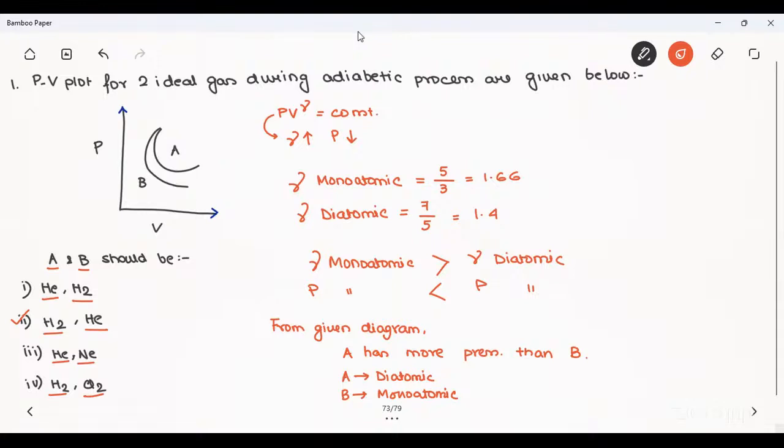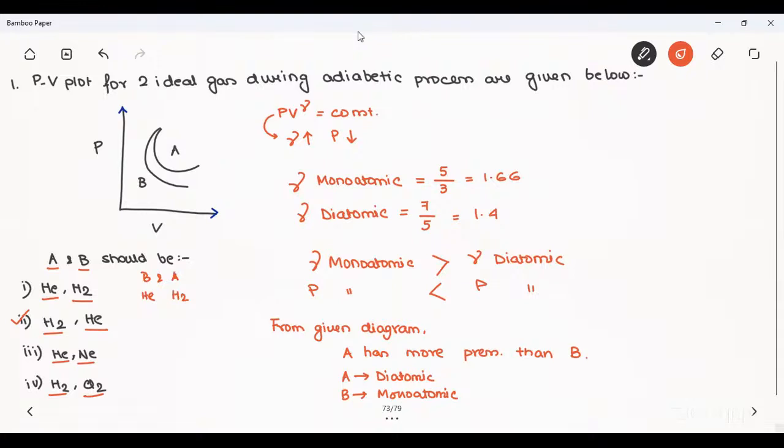A has to be diatomic, which is hydrogen, and B has to be monoatomic, which is helium. If in your question they asked you B and A, it will be helium and hydrogen. So just check the order they are asking.